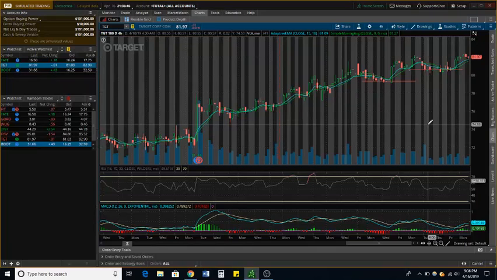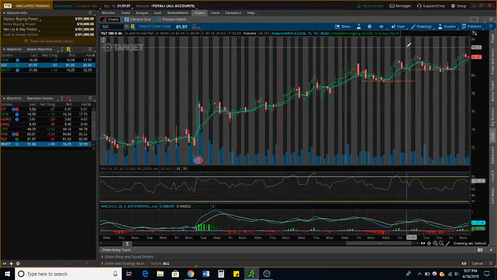I'm not really sure where I would sell this. I'd probably just sell it to be on the safe side, because I know it does not push up that much each time, and just based on previous patterns, like how it shot up here. Eyeballing it, maybe at 83 here.